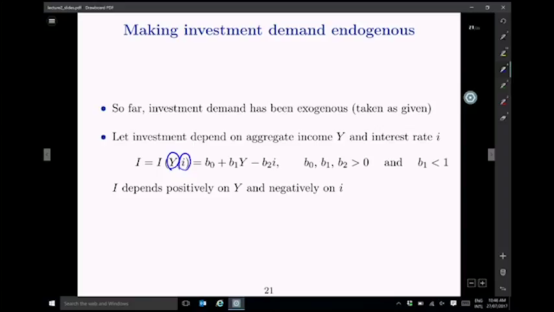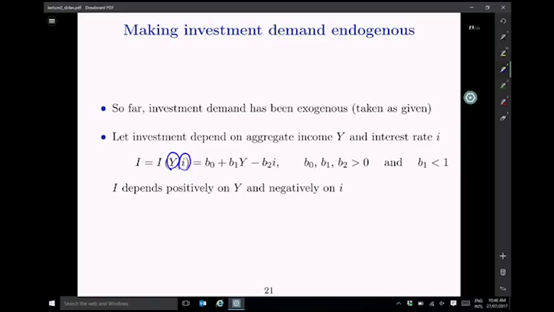Does it make sense? Well, the idea here is similar to the consumption function. You think about what determines aggregate investment, what determines aggregate consumption. Suppose you are a firm owner, you operate a firm. Would you choose to invest more if the economy is in a boom, like in good condition? Probably yes.